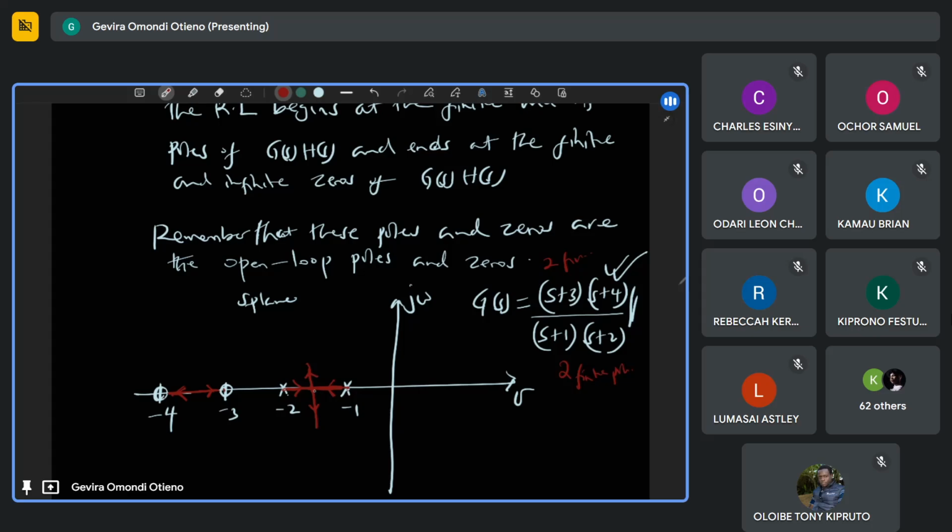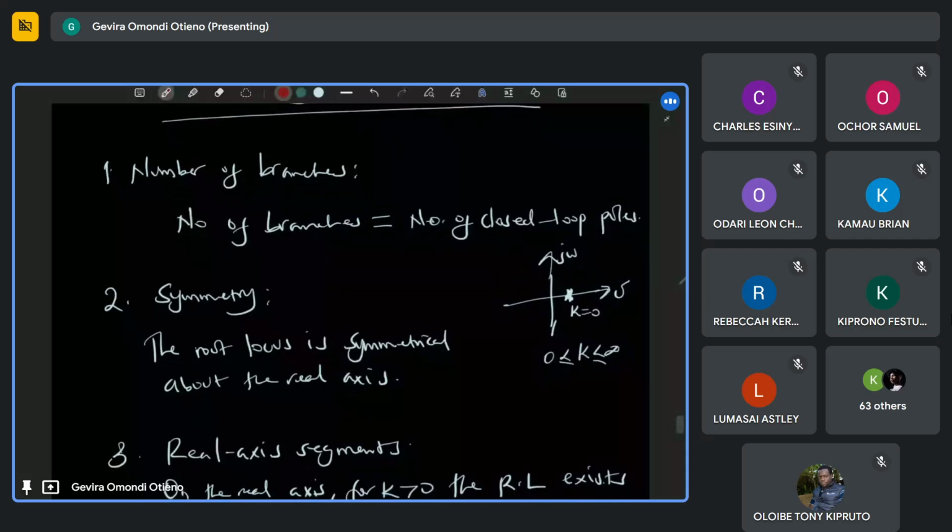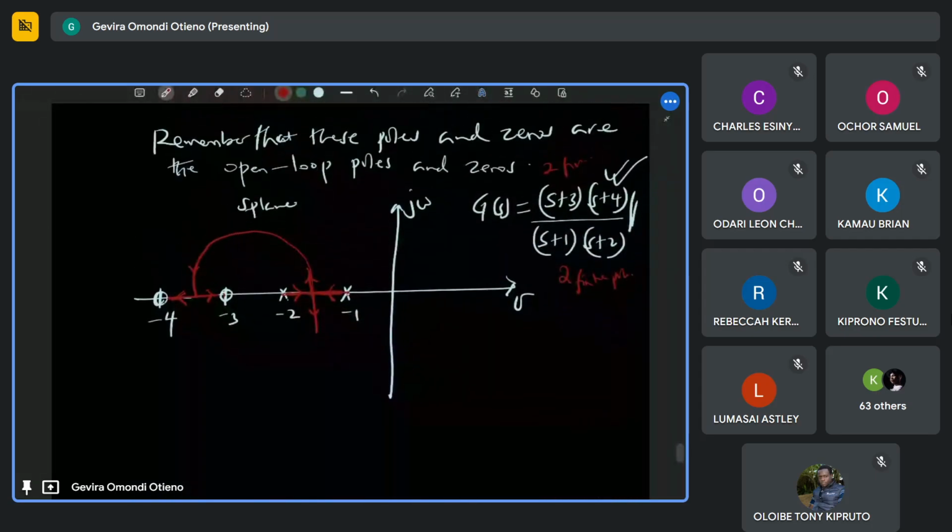So one will move and then they'll realize that the zeros are on the real axis, so it will come back there and terminate at one of them. And this one will also move. Remember, I told you there is a symmetry. That was rule number 2, symmetry. If this one is moving upwards in that direction, the other one is moving downwards in this direction.